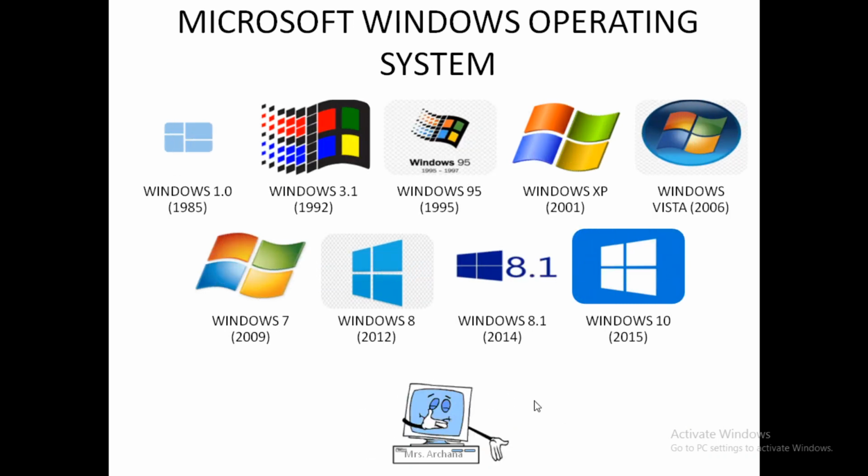Here see: Windows 1.0 released in 1985, Windows 3.1 in 1992, Windows 95 in 1995, Windows XP in 2001, Windows Vista in 2006, Windows 7 in 2009, Windows 8 in 2012, Windows 8.1 in 2014 and Windows 10 in 2015.